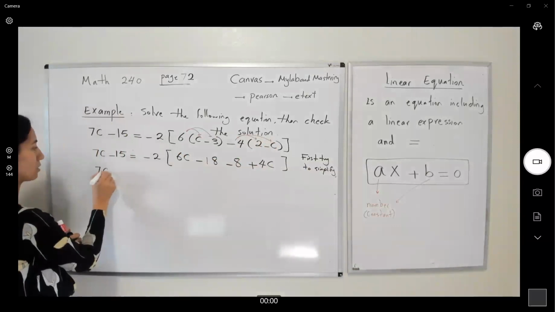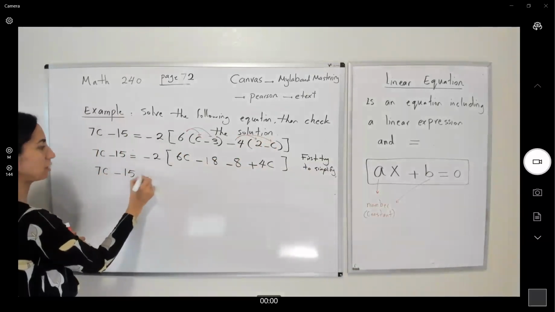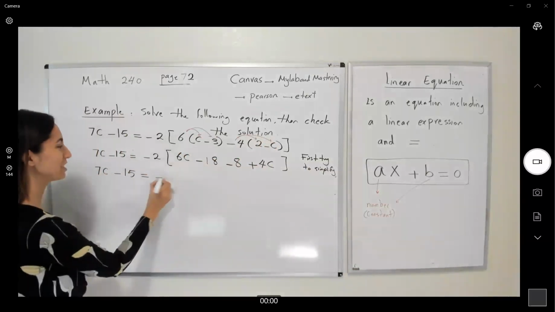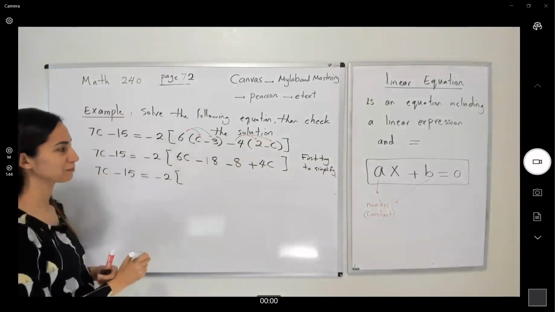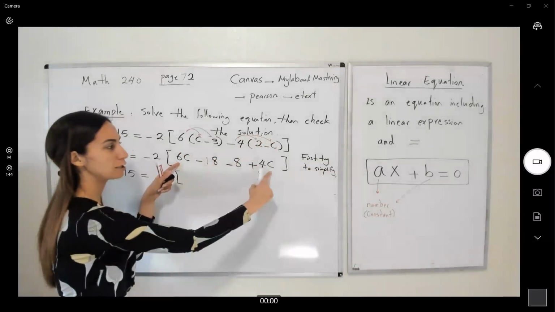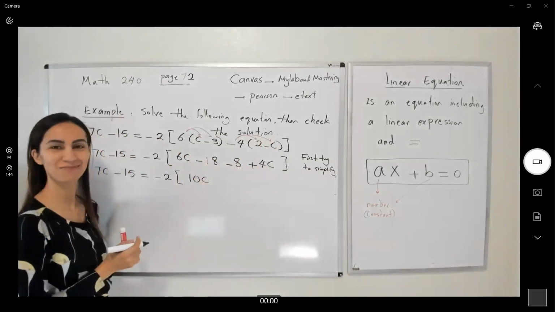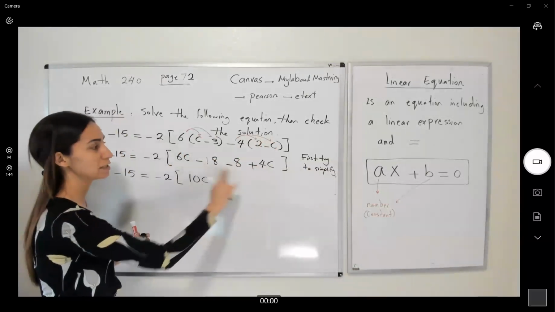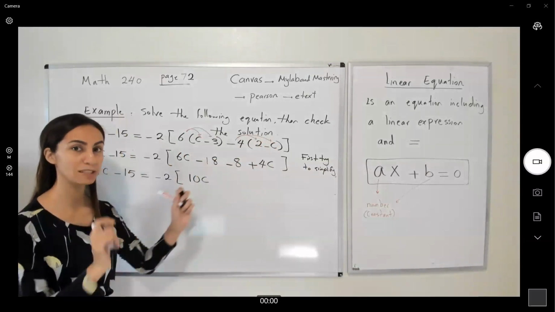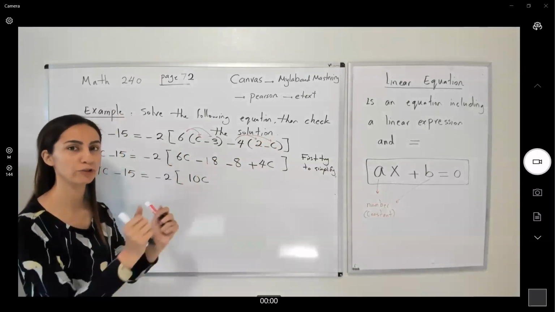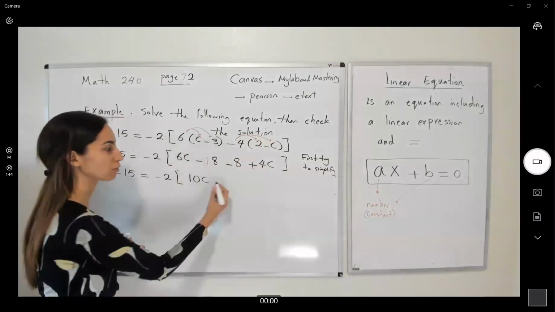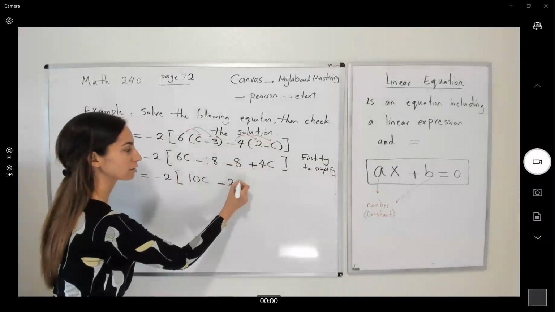I'm going to copy down 7c minus 15 equal to minus 2 bracket. 6c plus 4c gives you 10c. Negative 18 minus 8, you have the same sign, so you have to add these two numbers and write the minus sign in front of it.